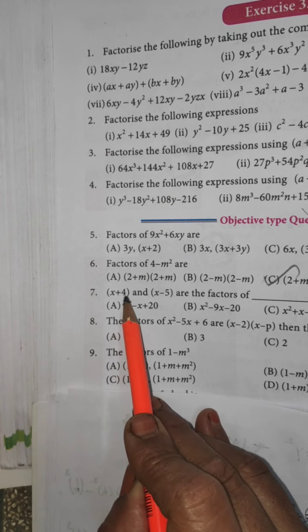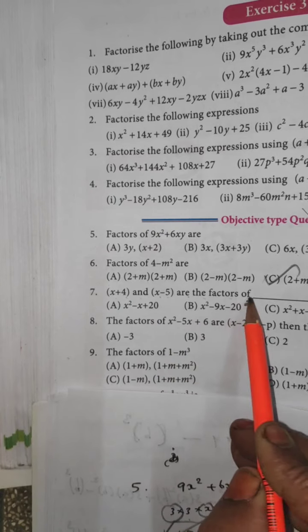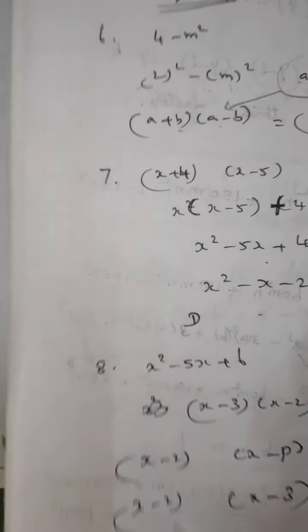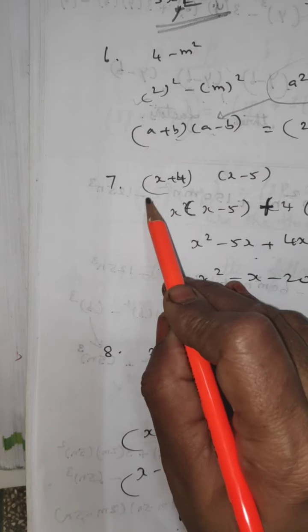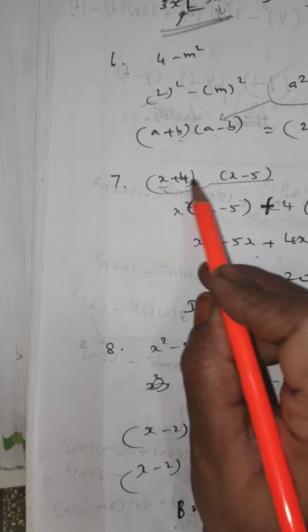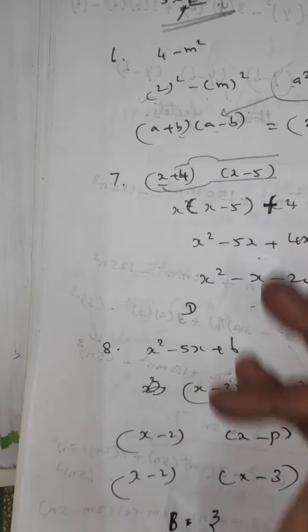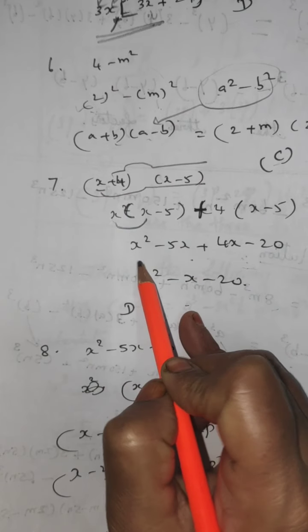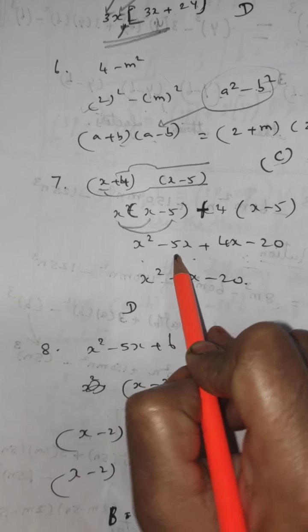7th question: x minus 4 and x minus 5 are the factors of what? So multiply x minus 4 by x minus 5. First x multiplied by x minus 5: x into x is x squared, minus 5 into x is minus 5x.